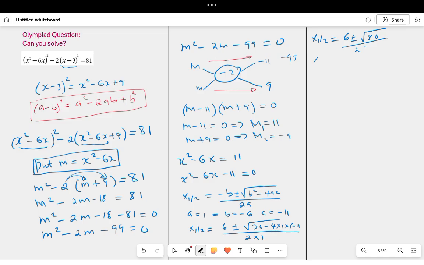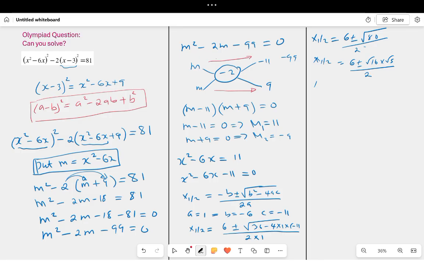And then the first and second solution will be equal to 6 plus or minus the square root of 80, which is just the same as 16 times 5. So the square root of 16 times the square root of 5. Then you divide by 2.